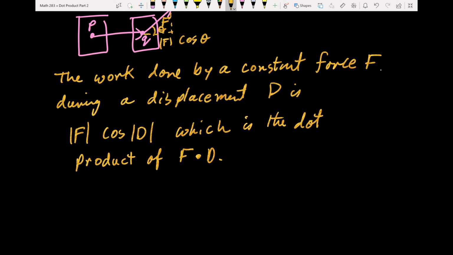Oh, cosine, sorry. Cosine of theta times D. Because if it's just cosine of the magnitude of D, that means nothing.